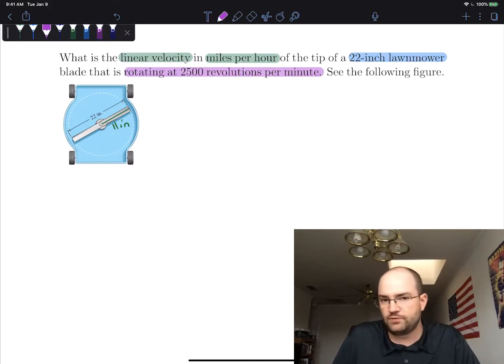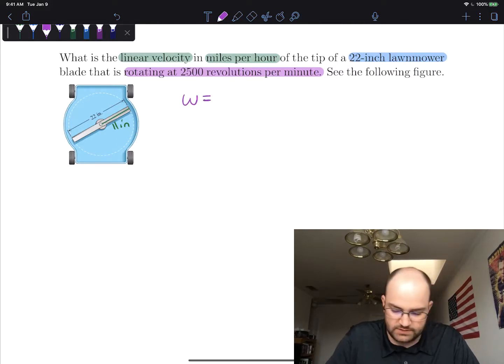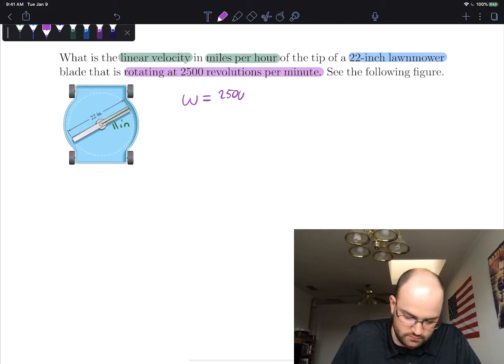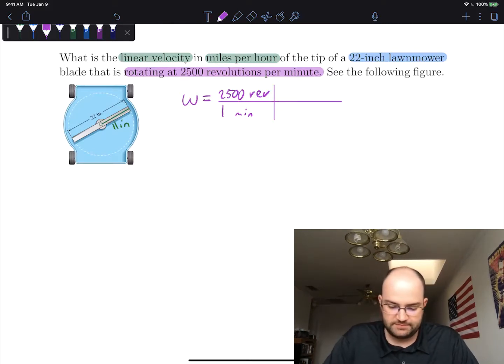Now that 2,500 revolutions per minute is omega. So omega equals 2,500 revolutions for every 1 minute. Now, we need to convert this.